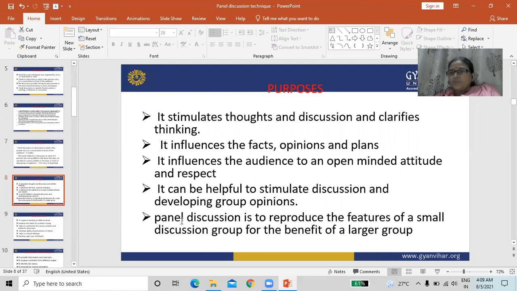What is the purpose of panel discussion? Why do some pupils discuss a problem in front of an audience? It stimulates thought and discussion and clarifies thinking. It influences the facts, opinions, and plans.